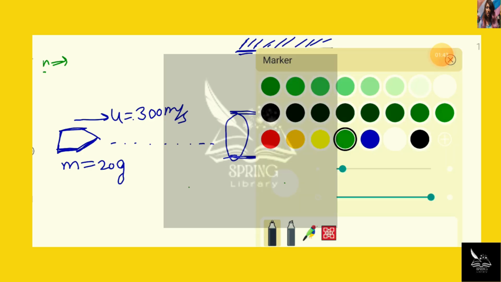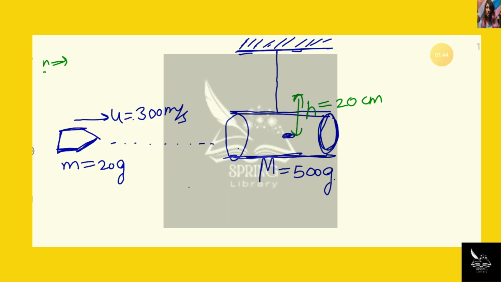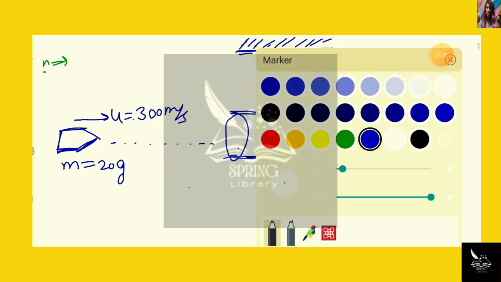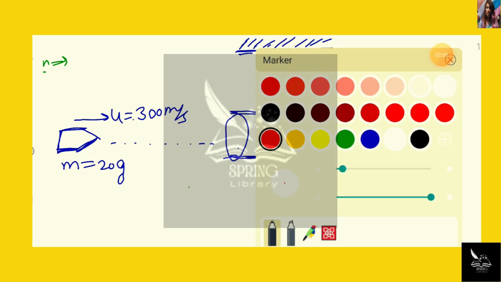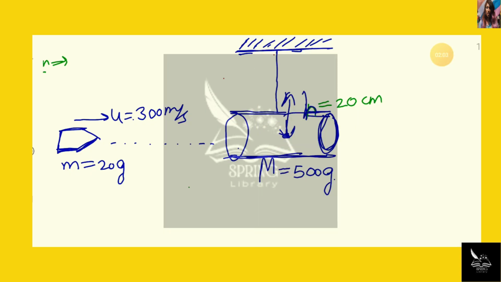That means if I consider that this is the center, then it will be raised by h height, that is 20 centimeter. The new condition will be like this: assume that the block is raised by a vertical displacement of 20 centimeter, as given in the question.